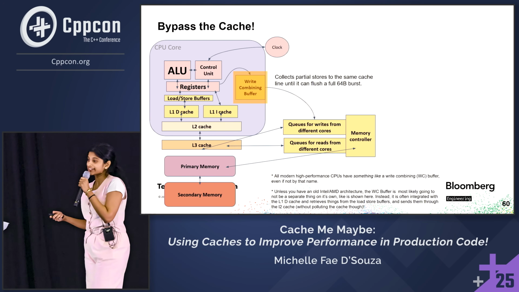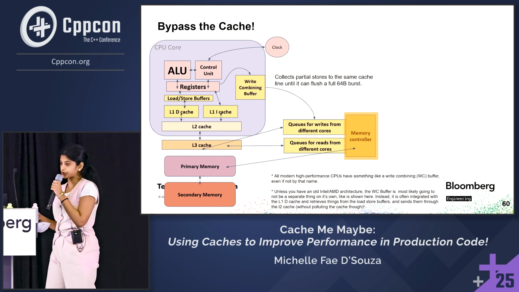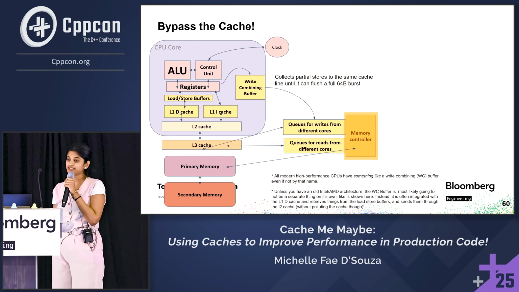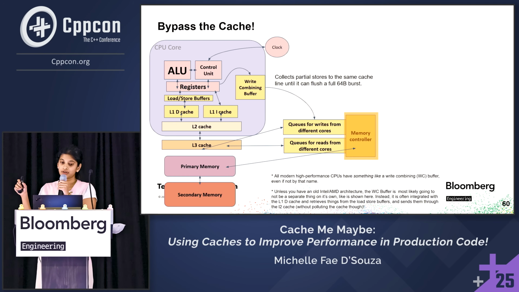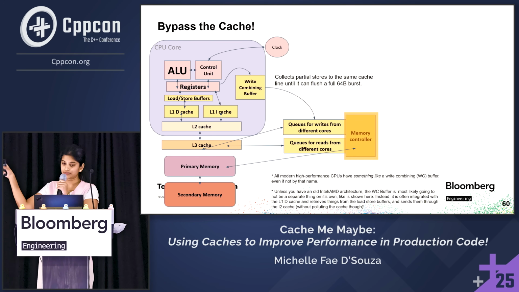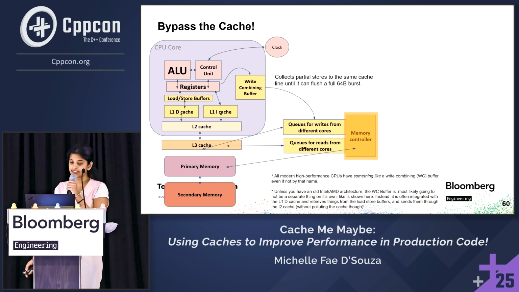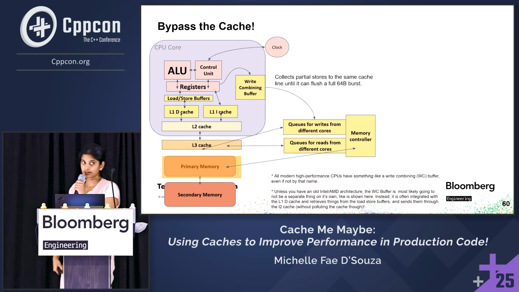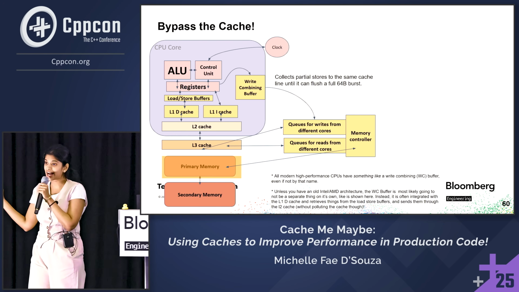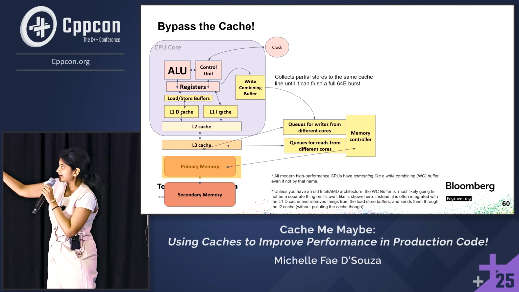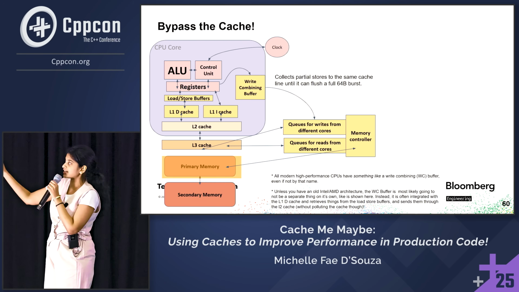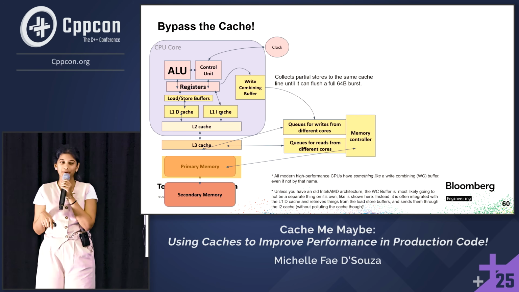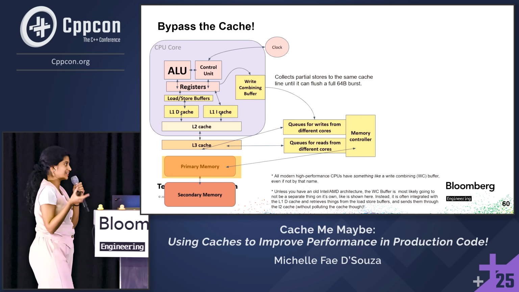It'll send any writes to the memory controller, and the memory controller has write queues and read queues, which it will use to essentially store these writes, and eventually it'll send it to primary memory. Now, the queues that the memory controller has are used by the cache as well. The reason we're skipping the cache is because we decide to go through the write combining buffer, which is actually quite small. It's typically roughly the size of a cache line.